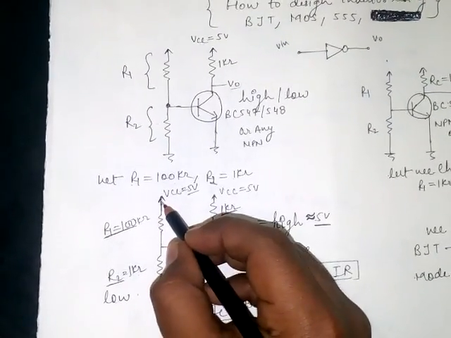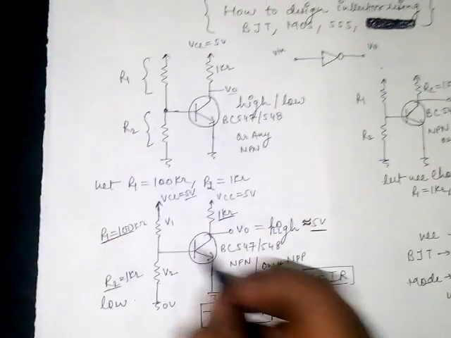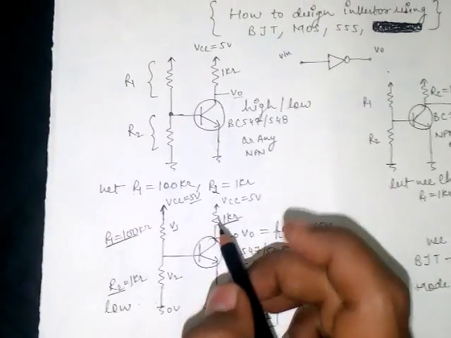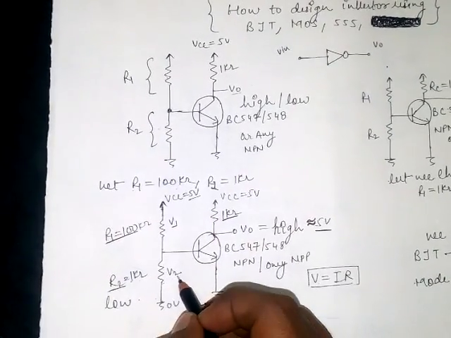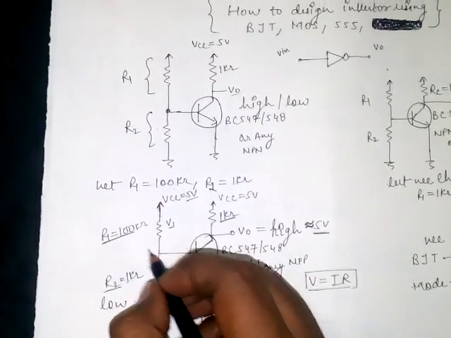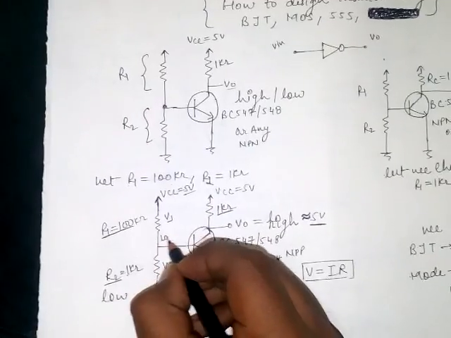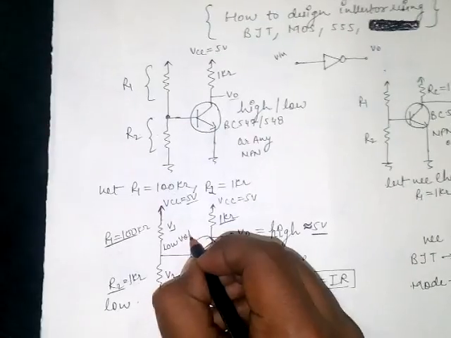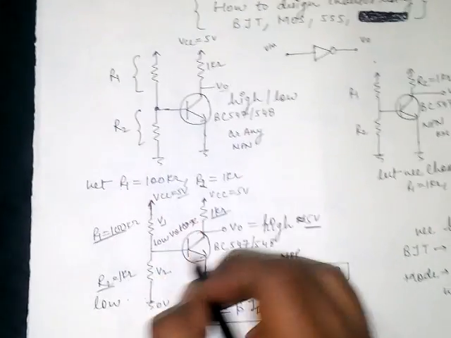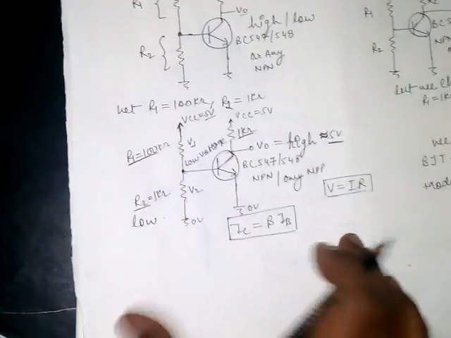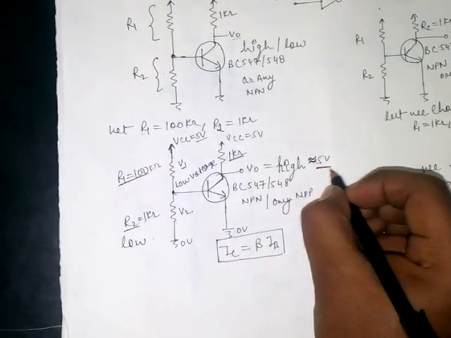So when the current flows from here to there, the voltage drop V1 across this resistor will be high as compared to V2, so that our transistor will get very low voltage at its base, which makes the output 5 volts.